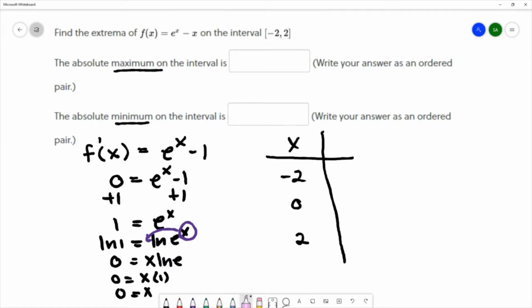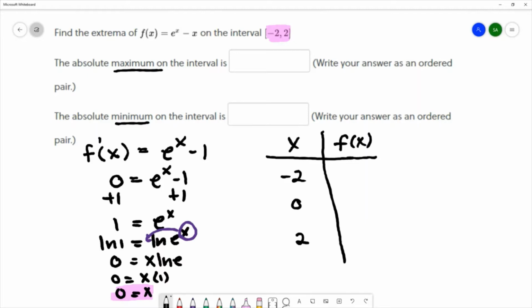However, just want to mention that the critical number must be in the interval for you to use it. So make sure your critical number is actually in the interval. And we're going to test these in the original function because we want to see what has the highest y value and what has the lowest y value.